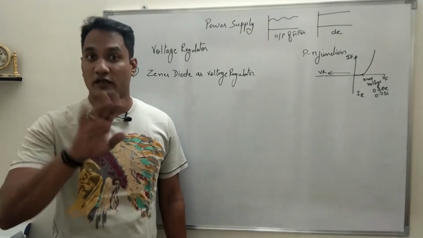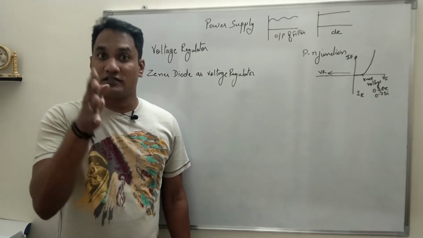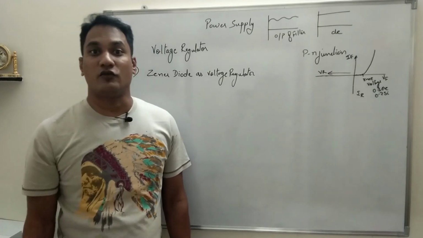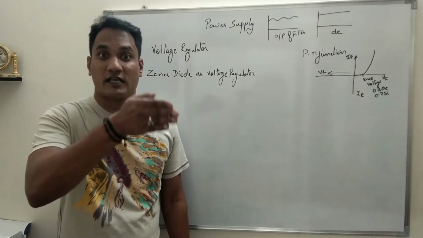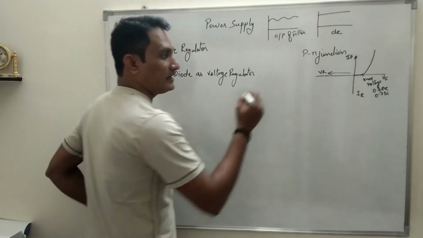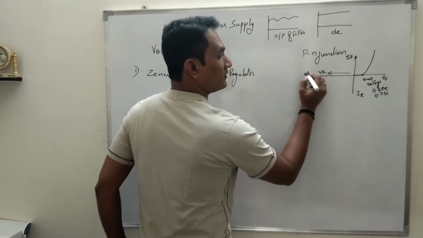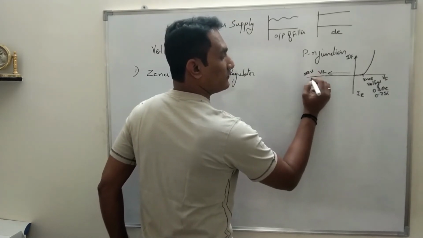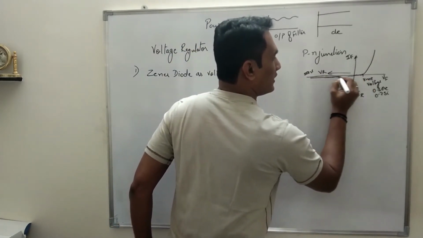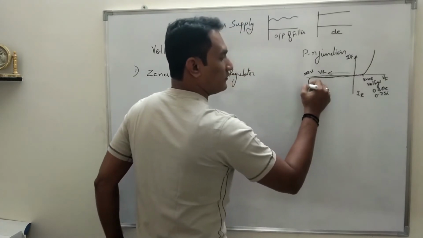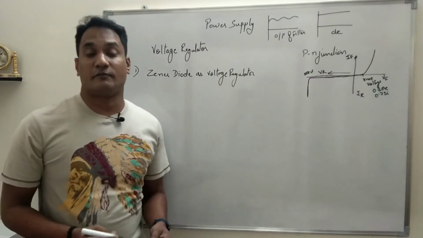So now you have 4 free electrons. As you keep on increasing the reverse bias voltage, these 4 electrons will go and hit another 4 electrons in the covalent bonds, making it 8. So the number of free electrons will keep on increasing, and at around 50 volt reverse voltage, till then a very negligible amount of current will flow, and then at around 50 volt there will be a large number of free electrons available to take part in conduction.